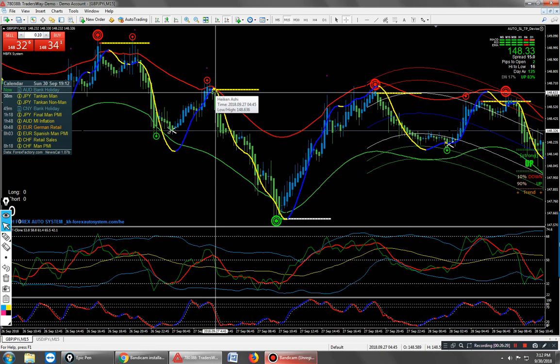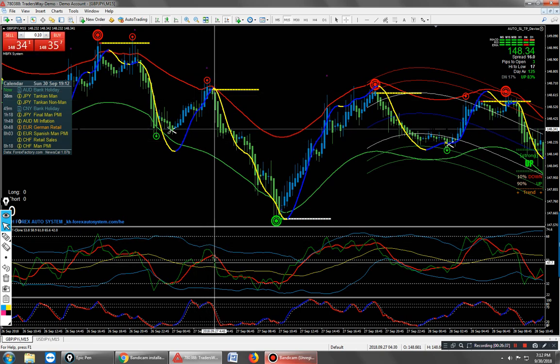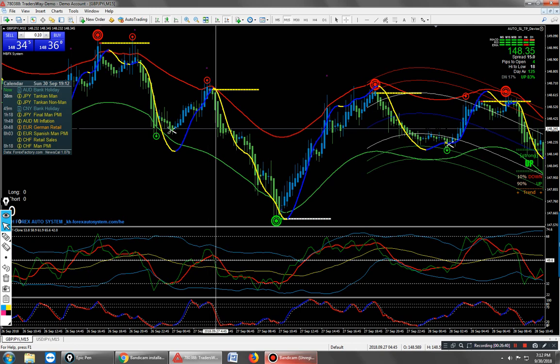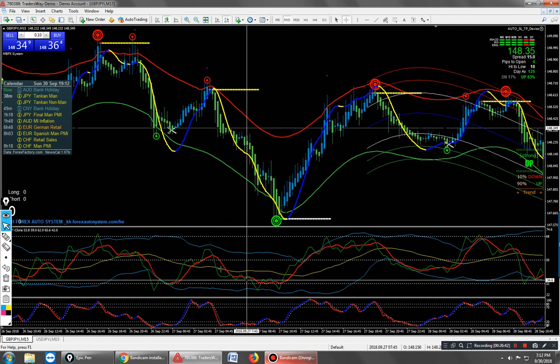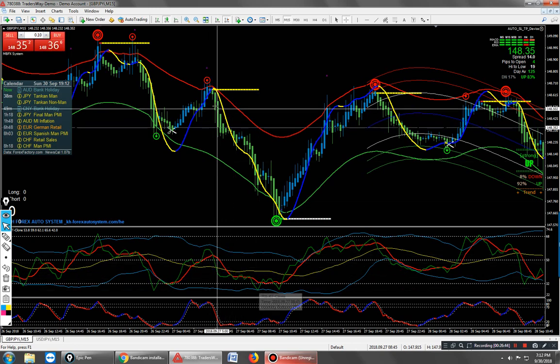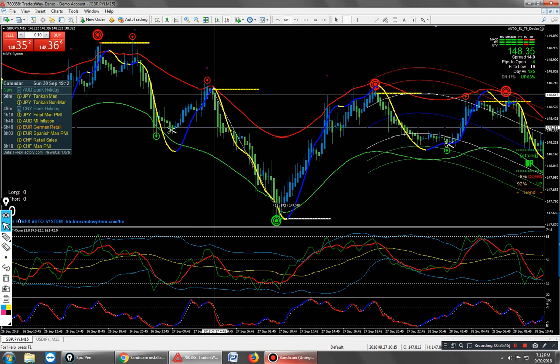I can see the green below the red, and it coming away from the upper areas of the PB channel. And since this is significantly below the red, I know it's going to go from the 50 level down to the 22 level, or somewhere down past the 50 level is all I'm really concerned about. So I can get in and boom, look, I just got another 80 some pips.